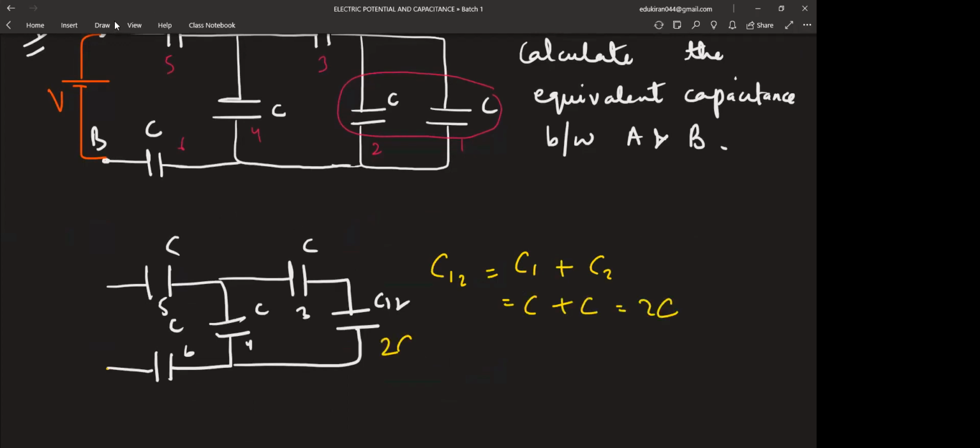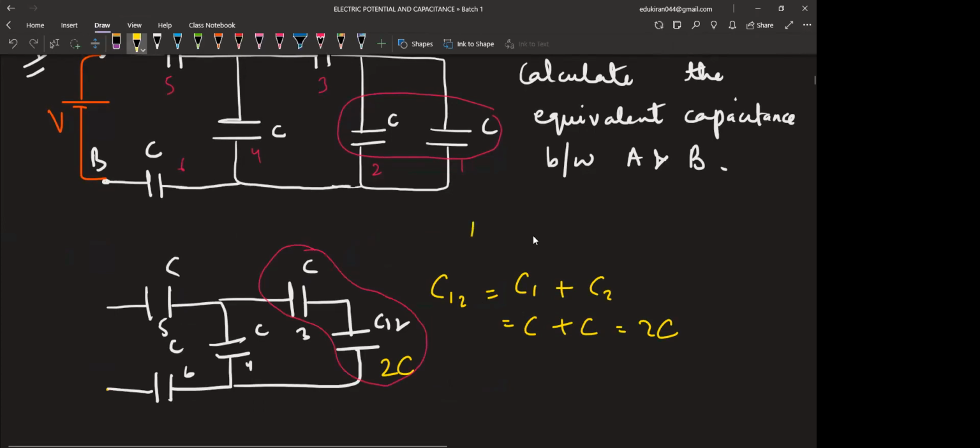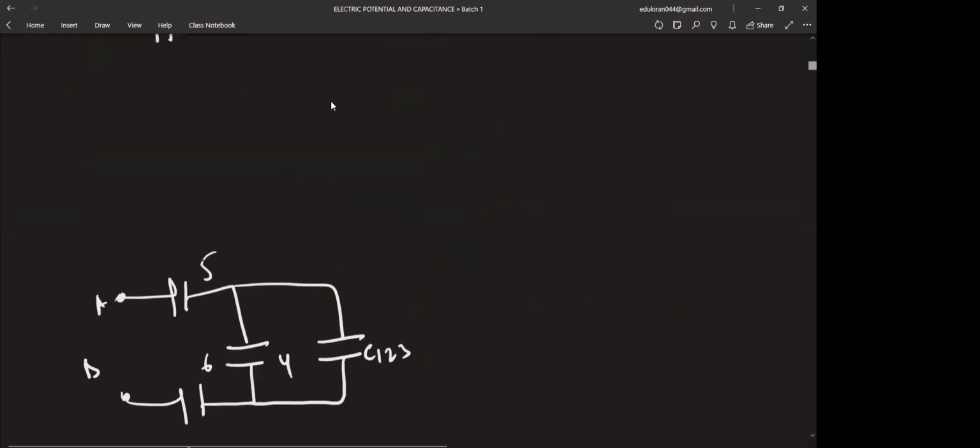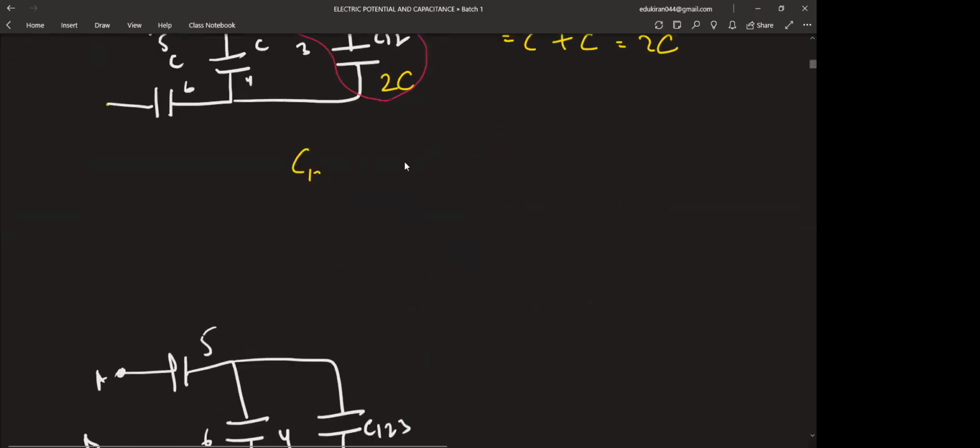Fine. Now what can we do? They are now connected in series. 1 and 2 were connected in parallel, but now 3 with 1, 2, they are connected in series, right? So your C12 and C3 are now connected in series.